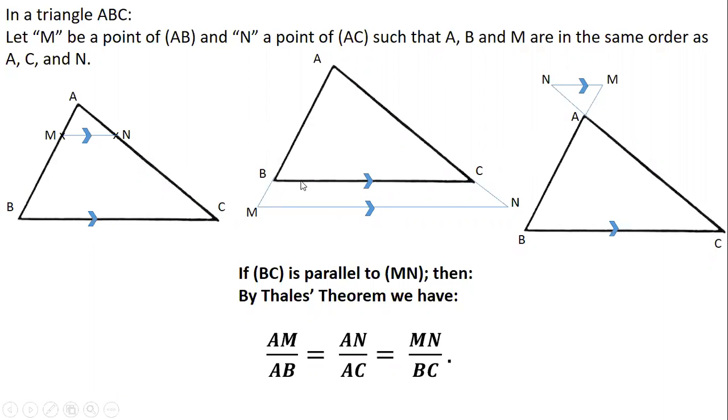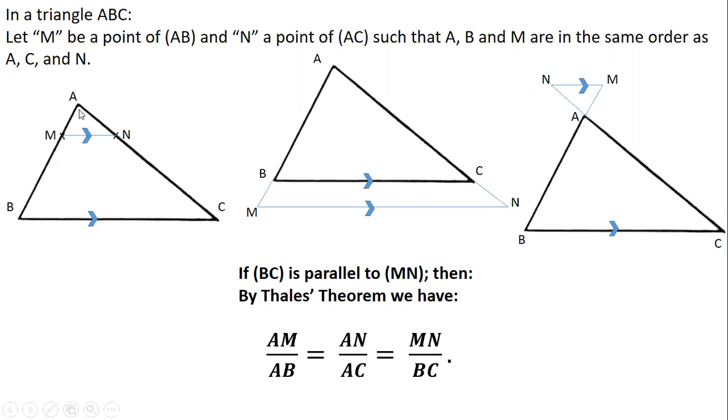So here in the 3 positions, we can apply a theorem which is called Thales Theorem. When do we apply Thales Theorem? As you can see, I have written if line BC is parallel to line MN, then by Thales theorem, what do we have?